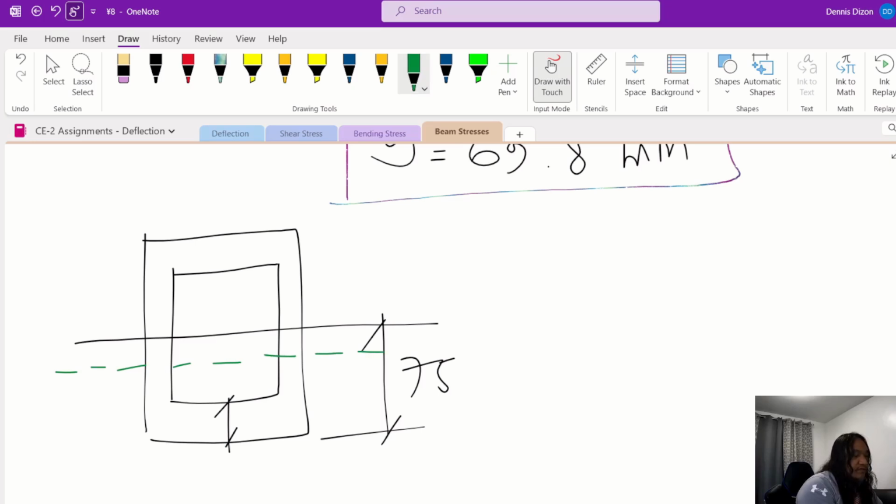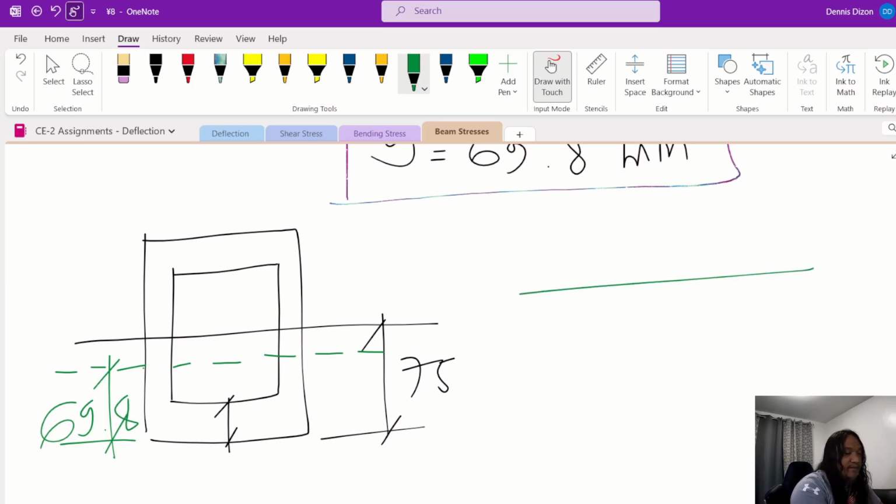If this were symmetrical, then of course your neutral axis would be at the center of the mass. But since we have a thicker section at the bottom, the location of the neutral axis is 69.8. Now, if you remember, this is our diagram, right?